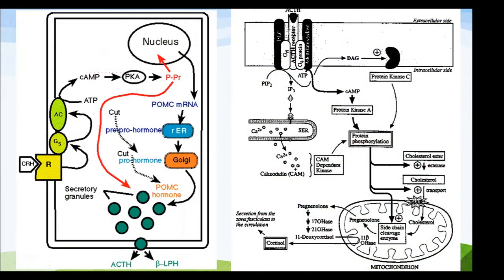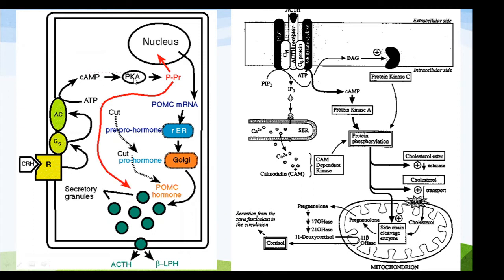In this figure, you can see that CRH, which is released by the hypothalamus, binds to the receptor on corticotropes in the pituitary, which is a G protein coupled receptor that activates the PKA pathway. The G protein will activate adenyl cyclase. Adenyl cyclase converts ATP to cyclic AMP.